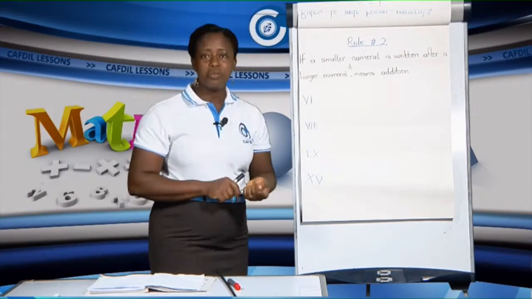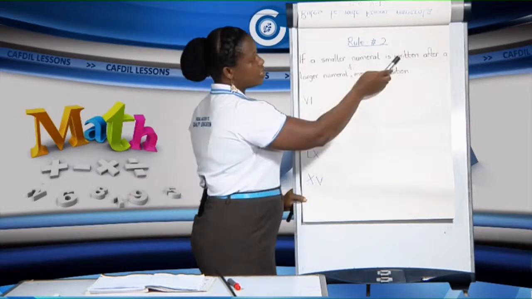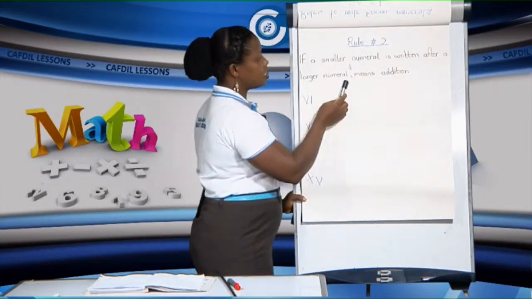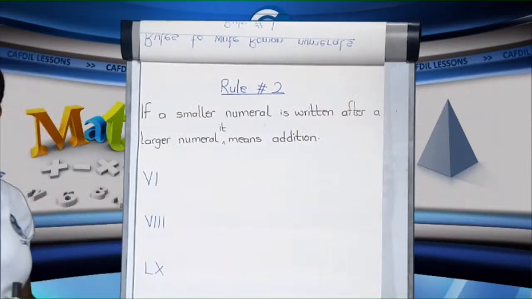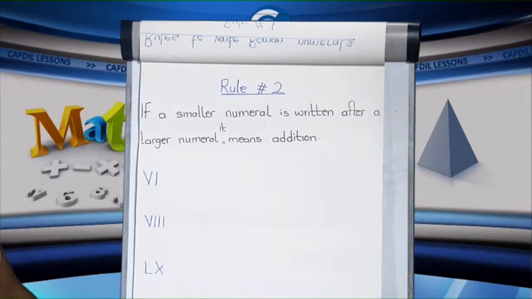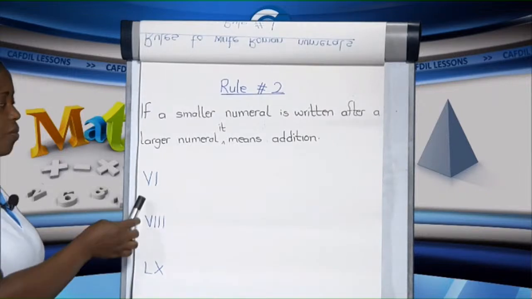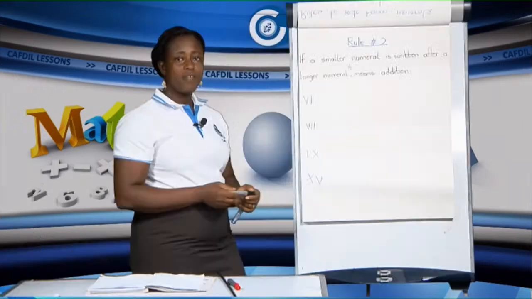Rule number 2. If a smaller numeral is written after a larger numeral, it means addition. I have examples over here. We have VI.